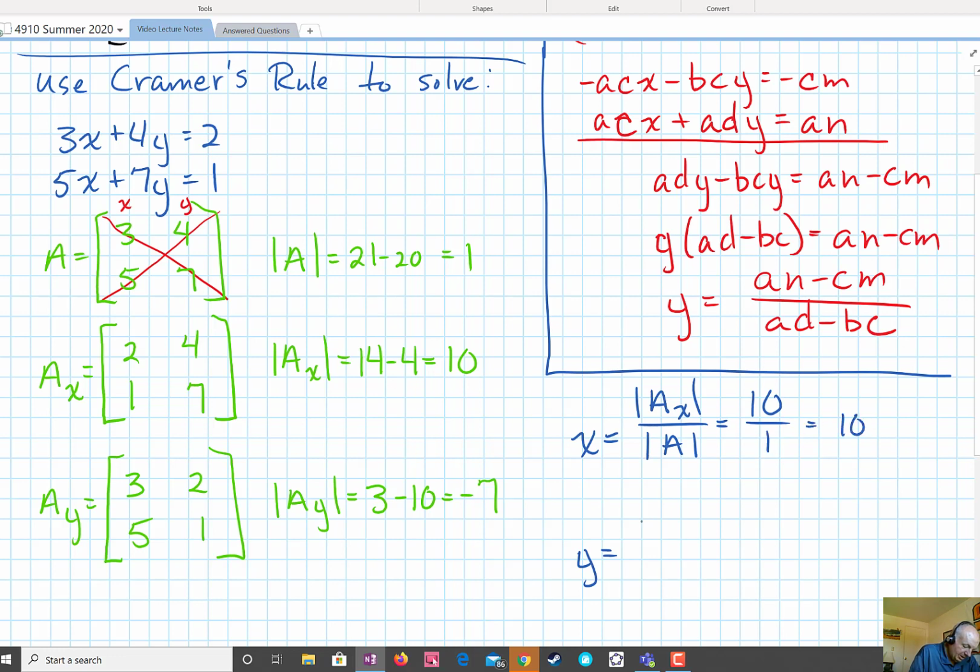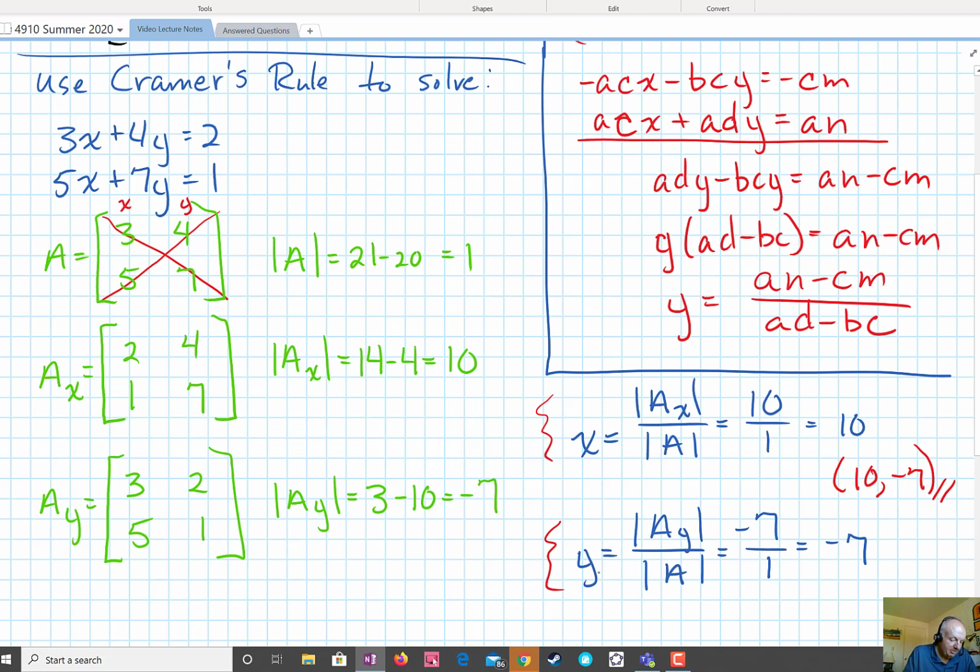The y part of the solution is the determinant of A sub y over the determinant of A, which is negative 7 over 1, which is negative 7. And so our solution is 10, negative 7. These formulas are universal. It doesn't matter if it's 2 by 2 or 3 by 3 or 4 by 4. x is always the determinant of A sub x over A, and y is always the determinant of A sub y over A.